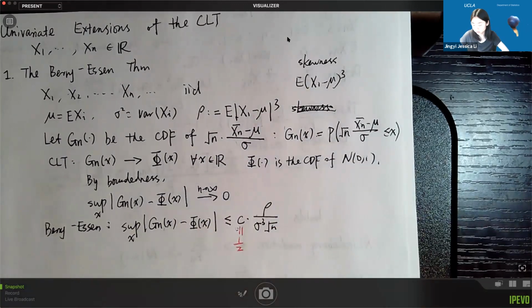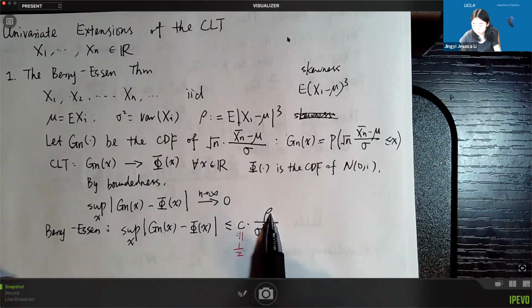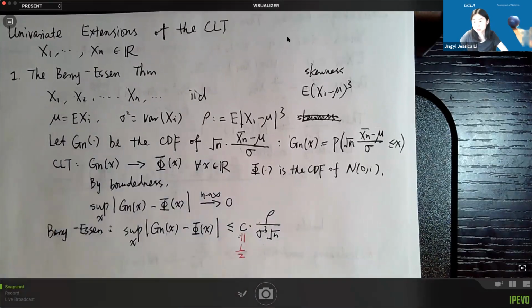You can take it as 1/2. And rho and sigma cubed depend on the distribution of your random variable. In other words, the approximation can be better or worse depending on what the original distribution of your random variable is.